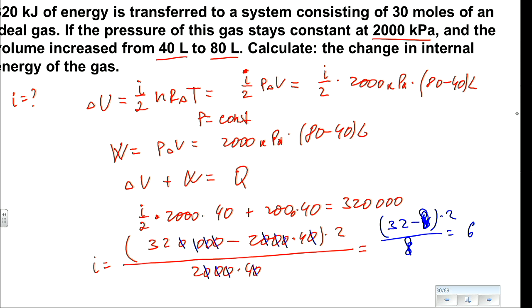That means the problem is indeed solvable. All we need to do now is use this number right here and calculate the change in the internal energy. 6 over 2 times 2000 times 40.